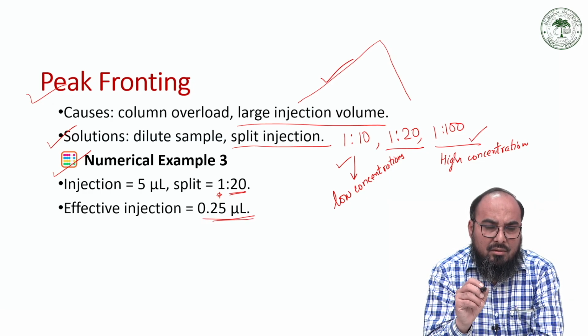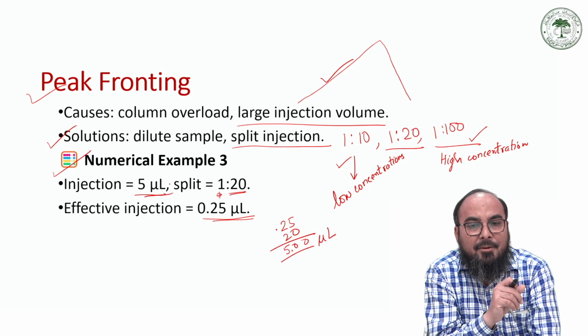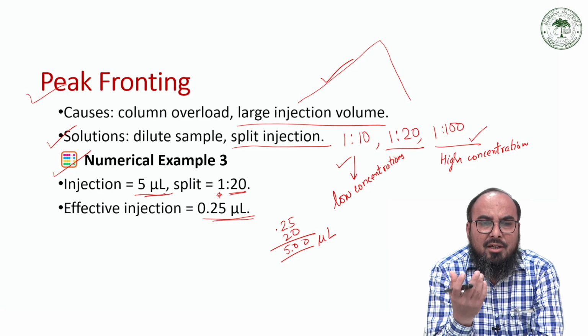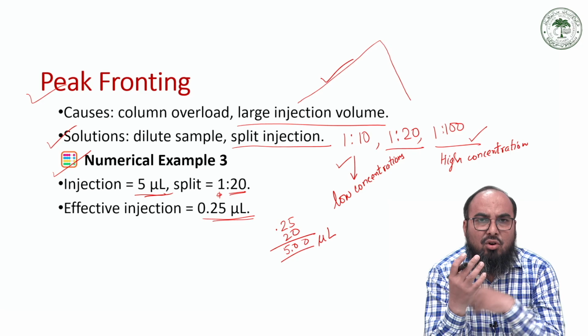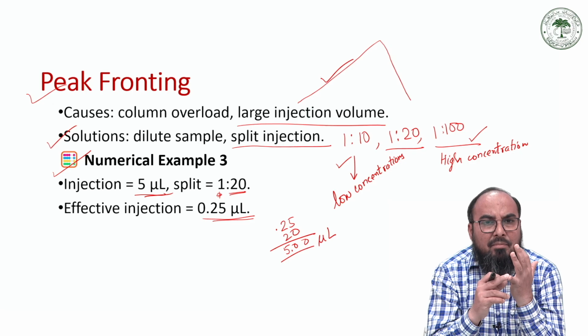If you multiply 0.25 by 20, it comes out to be 5 microliters, which is what was injected. This is how you avoid fronting. So now you have the solution to avoid peak tailing, and a solution to avoid peak fronting.